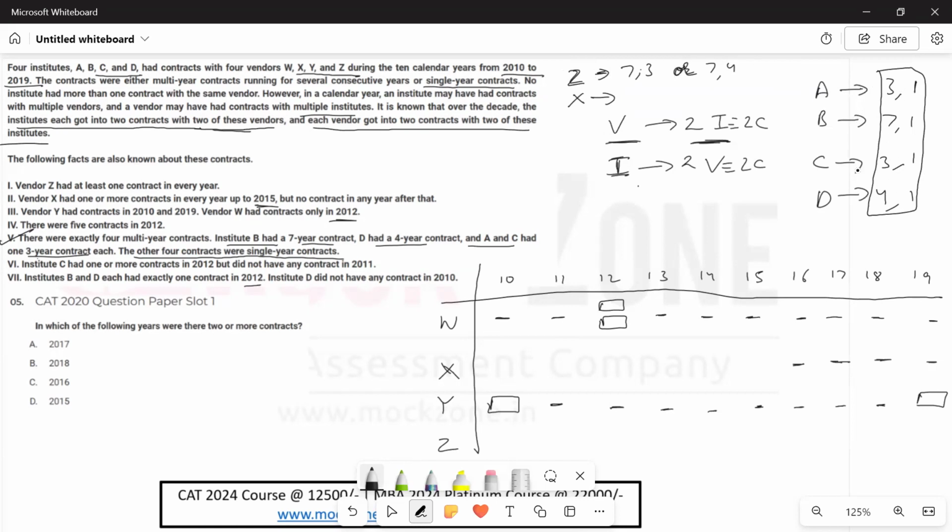If he has to cover 6 years, the only possibility for him is either he can have 2 3-year contracts or a 3 and a 4 with a 1-year overlap, because 3 and 1 won't make 6, 4 and 1 won't make 6. So the only possibilities are that he can have 2 3-year contracts or a 3 and a 4-year contract, right?